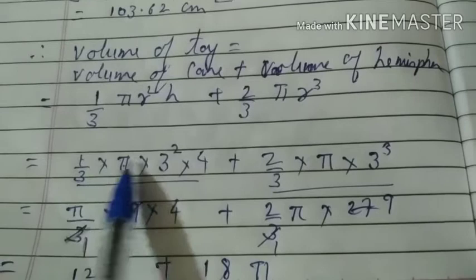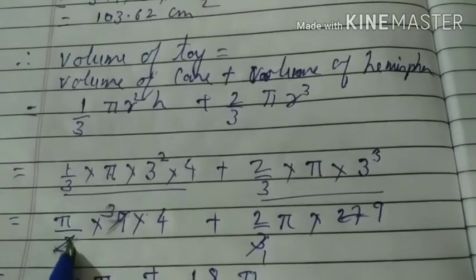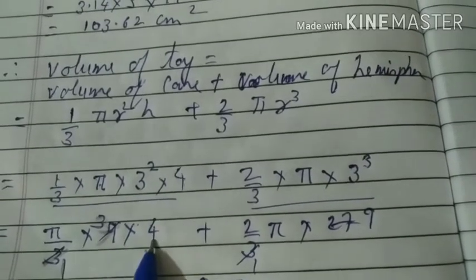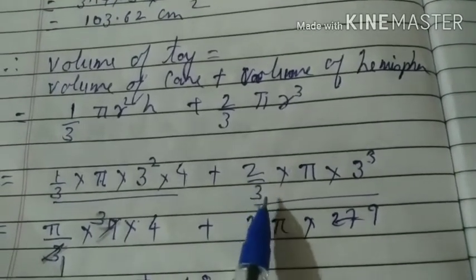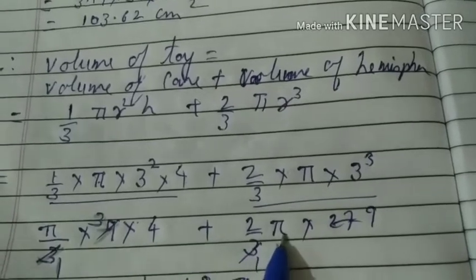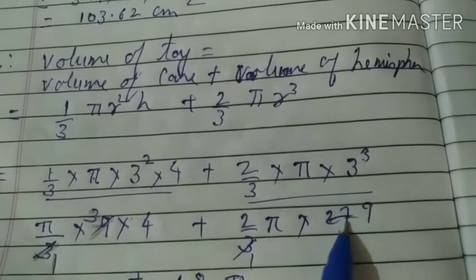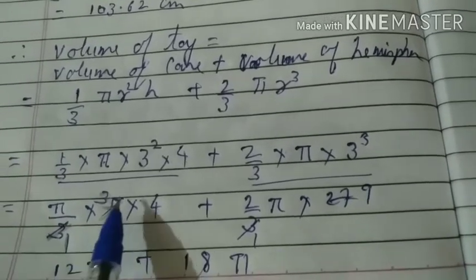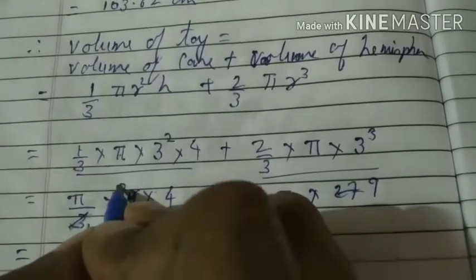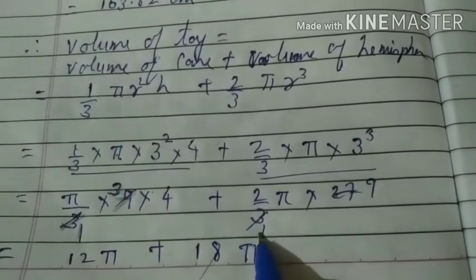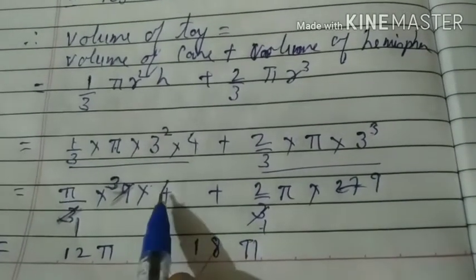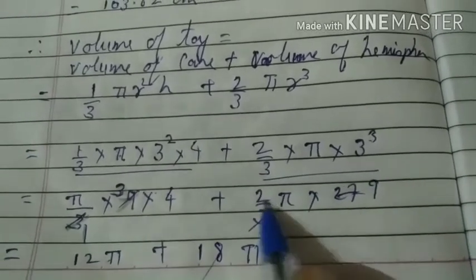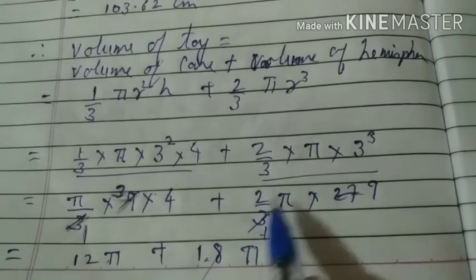See, again pi into 1 will be pi upon 3, I kept as it is, multiply by 3 square will be 9, multiply by 4 I am keeping same, plus again 2 upon 3 into pi will be 2 upon 3 pi, multiply by 3 cube will be 27. 3 threes are 9, 3 ones are 3, 3 nines are 27. So see, 3 fours are 12, pi as it is, plus again 2 nines are 18, pi as it is.